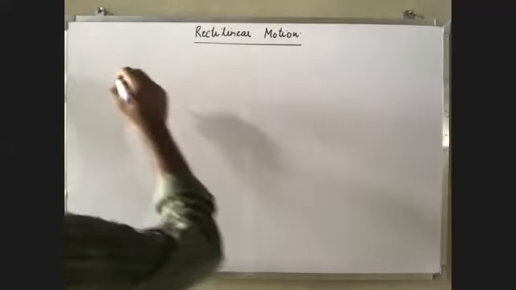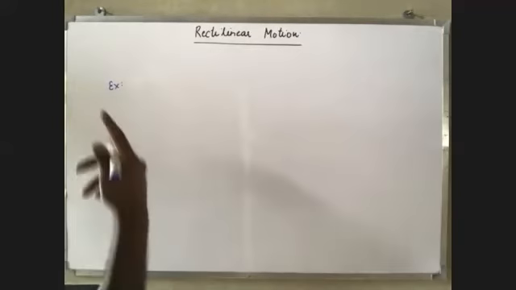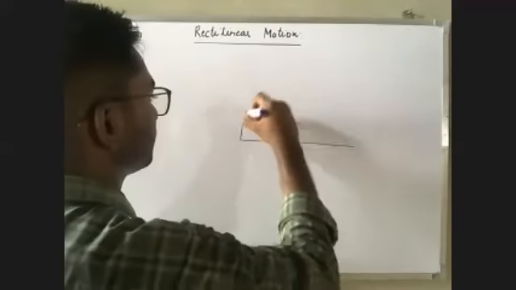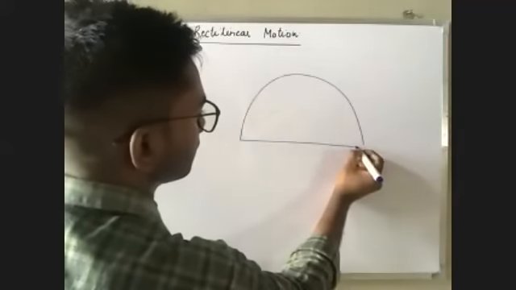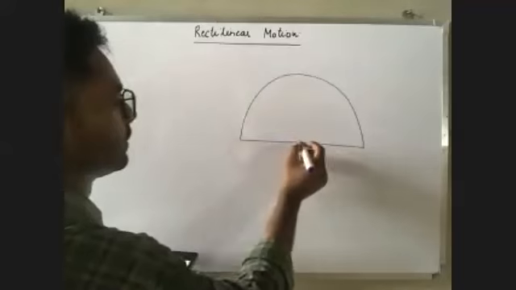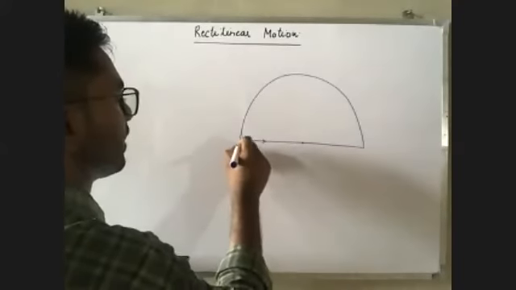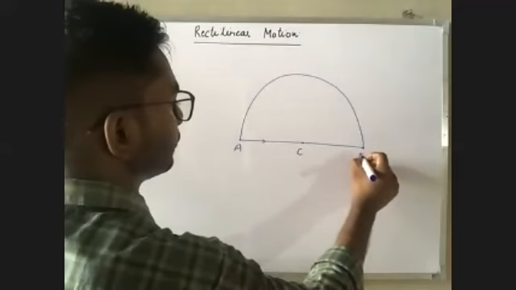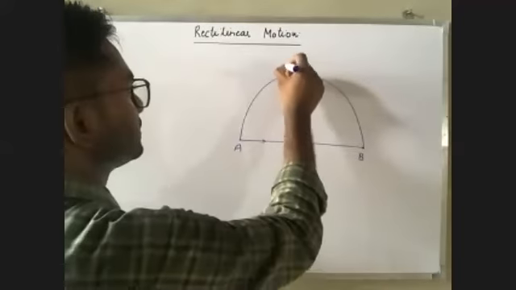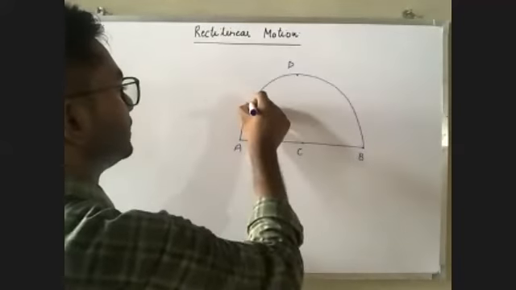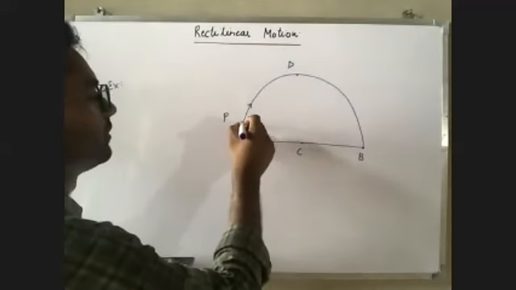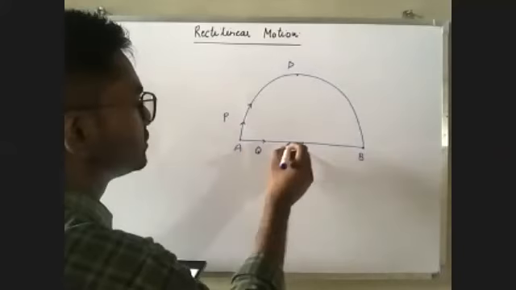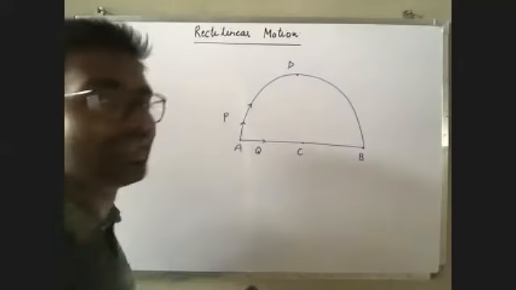Let's suppose, whatever the question I have given you, the same thing I am talking about here. Let's suppose this is point A, C, B, and this is point A, D, B. Particle P is moving along this path ADB. Particle Q is moving along this path ACB.